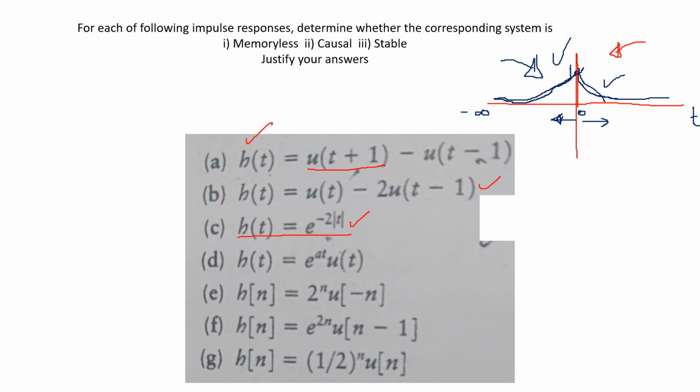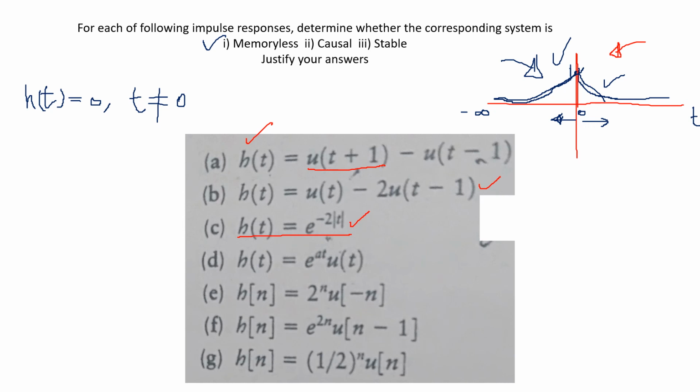So to tell whether this is memoryless, that's very straightforward: we have defined that h of t, or h of n for the discrete time case, should be equal to 0 when t or n is not equal to 0.